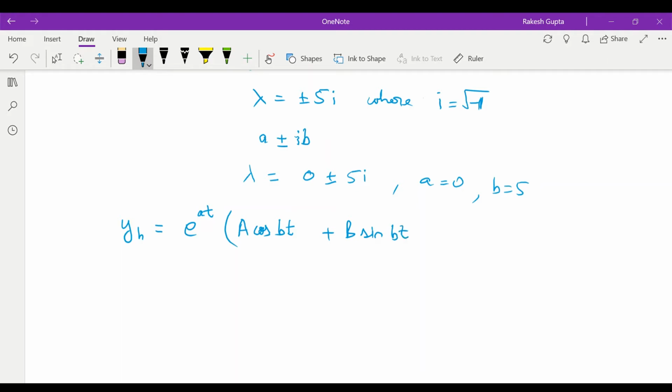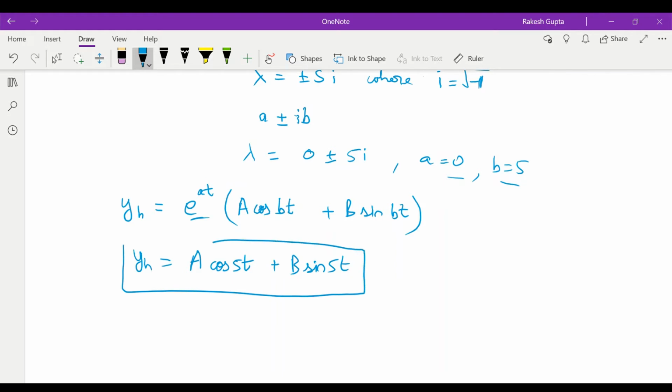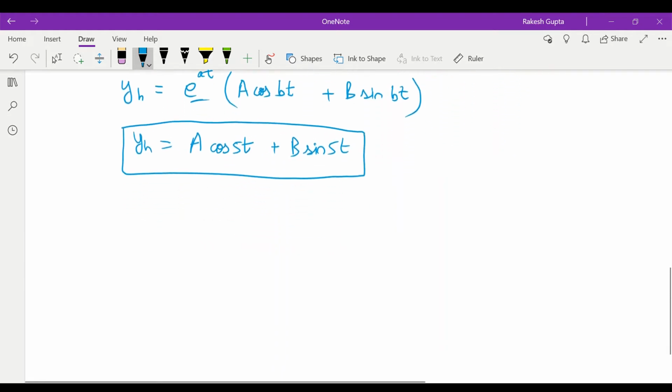We know our values of a and b, so we just substitute them over here. We know that a is 0, so this will become 1, as e power 0 is 1. So we get A cos 5t plus B sin 5t. So we have the solution of our homogeneous part.